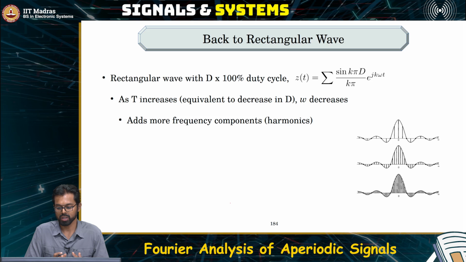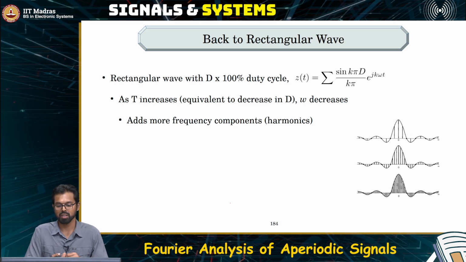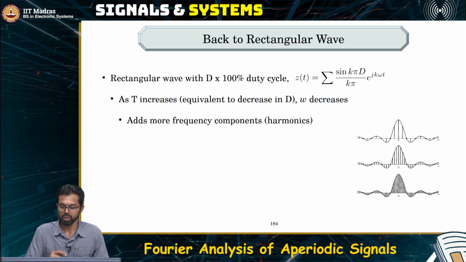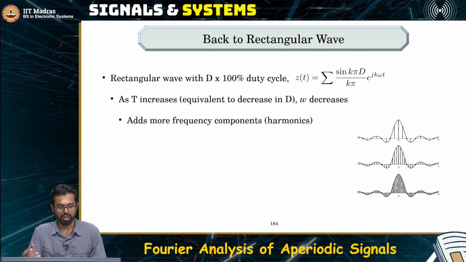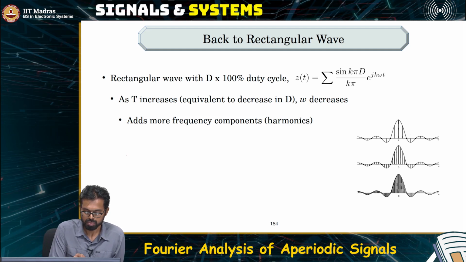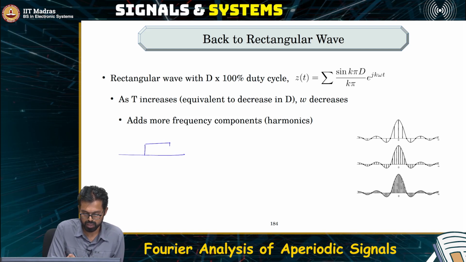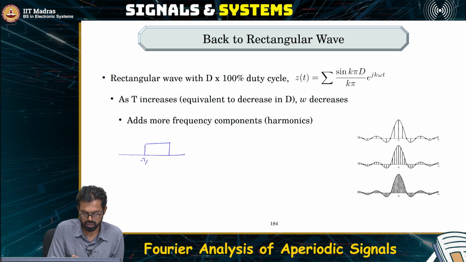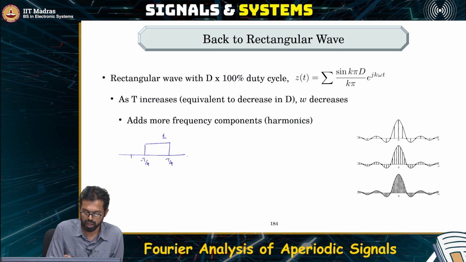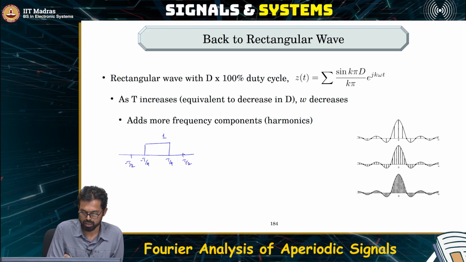So in order to motivate this, we will go back to our rectangular function once again. We will see from this how we can construct the Fourier transform using the Fourier series itself, which we have already understood. So the rectangular function that we saw earlier, what did we do? We considered a rectangular function which existed between minus T by 4 to plus T by 4, which was 1, and after that it kept repeating every T seconds.